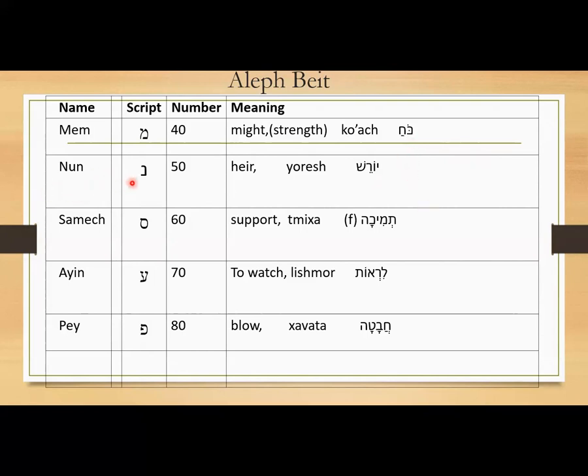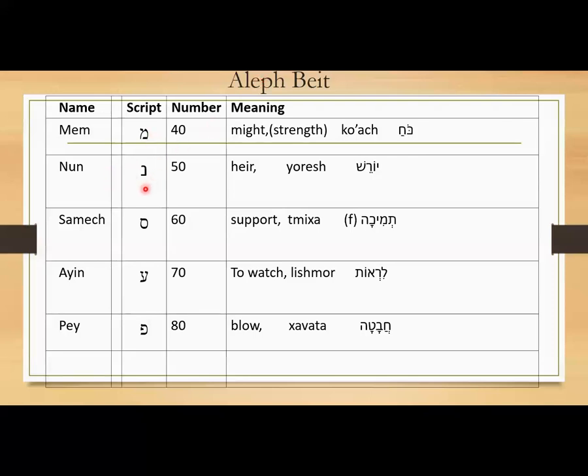Nun. Look at the nun, because nun seems to be worrying a lot of us. We can't seem to recognize it. After mem, nun, samech, ayin, pei, that's very much like the English alphabet.